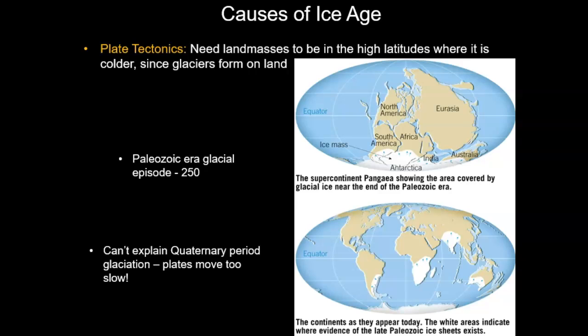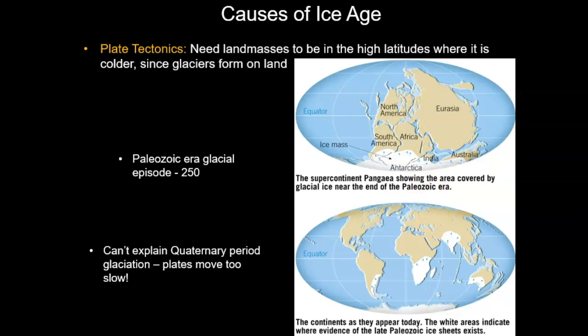Glacial features seen in the southern hemisphere land masses suggest that these experienced glaciation only when they were nearer to the South Pole. For example, they were near the South Pole during the Paleozoic era, about 250 million years ago, when all the continents were together as the supercontinent of Pangaea.